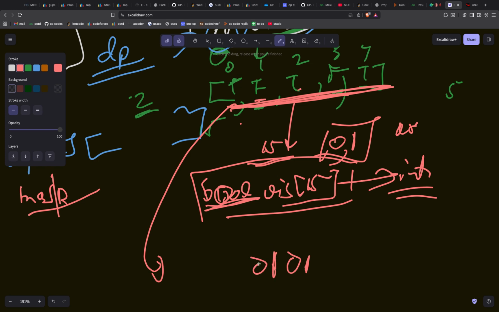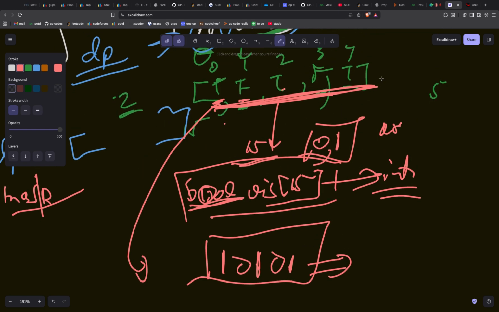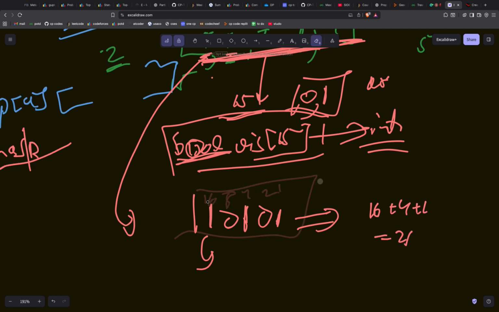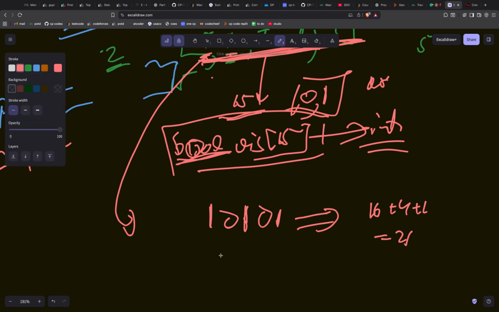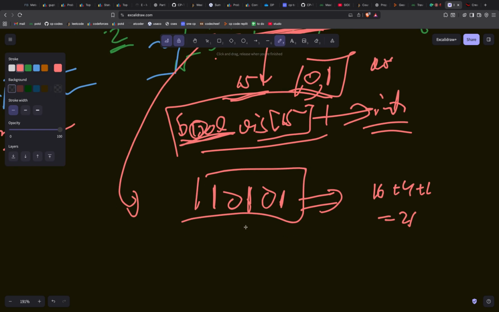This is false, so 0. This is true, so 1. So rather than storing this visited array, now we'll just store this integer. What is this? 1 plus 2 plus 4, 8, 16. So this becomes 16 plus 4 plus 1. That is 21.